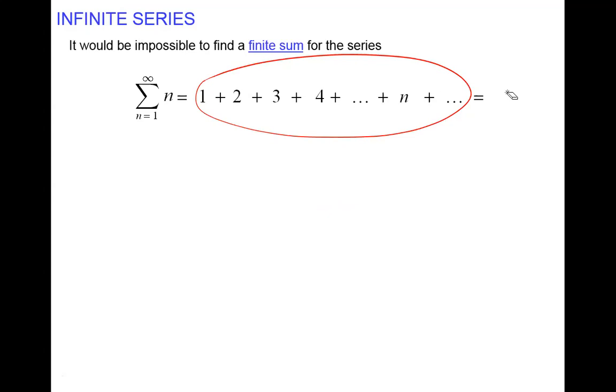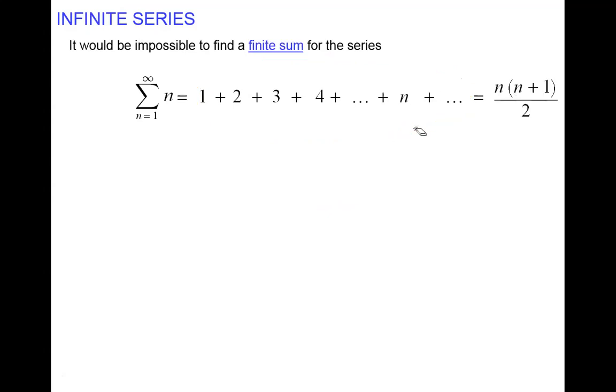I do have a formula, maybe you remember from Calc 1 or even pre-calculus, for adding the finite counting numbers, I can always use this. If I ask you to add 100 numbers from 1 to 100, you can put 100 times 101, divided by 2, for example.